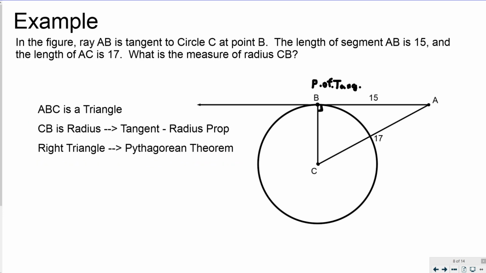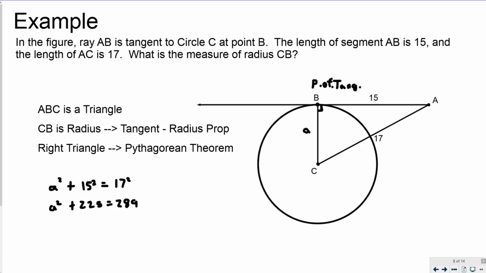So let's use the Pythagorean theorem, and we're going to label this as A, because it's one of the 90-degree angle legs, in order to find the measure of BC. So A squared plus 15 squared, because that's side B, the other leg, equals 17 squared. So I get A squared plus 225 equals 289.